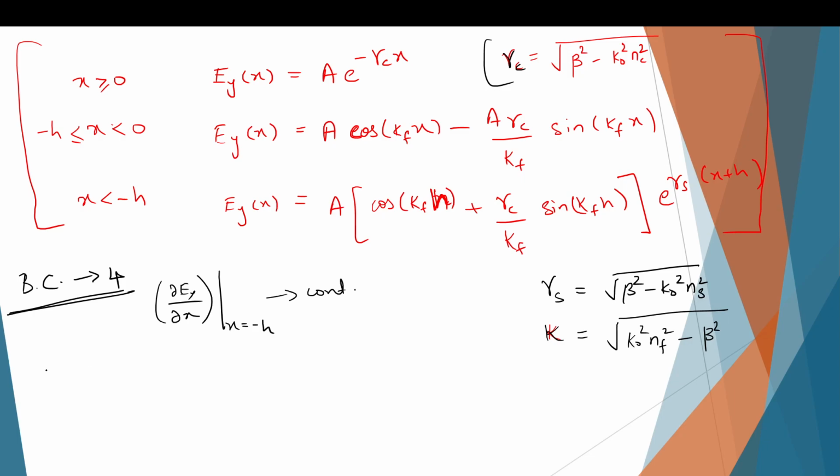What does that mean? Let's differentiate this part. A kappa f sine, so there will be minus, and then this kappa f x at minus h, so this will be a minus h here, so this minus and this minus will just cancel. I'm skipping some steps, you can try it on your own.